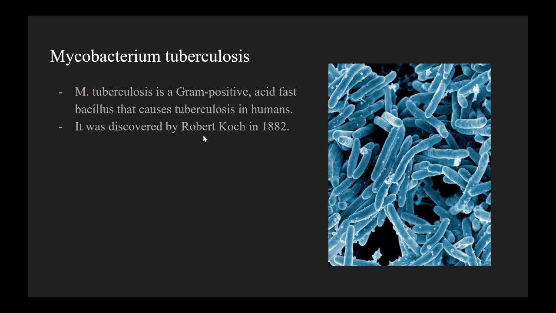All right, next let's go to Mycobacterium tuberculosis. This is a gram-positive and acid-fast bacillus, and it causes tuberculosis, as the name suggests, or TB, in humans. And remember, acid-fast just means that these guys have what's called mycolic acid within their membranes.